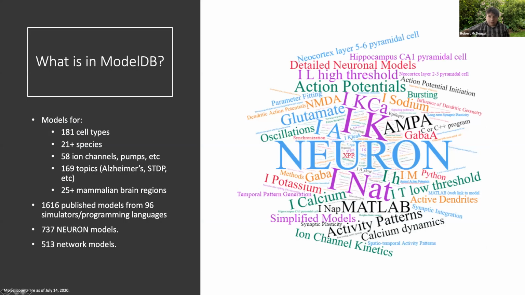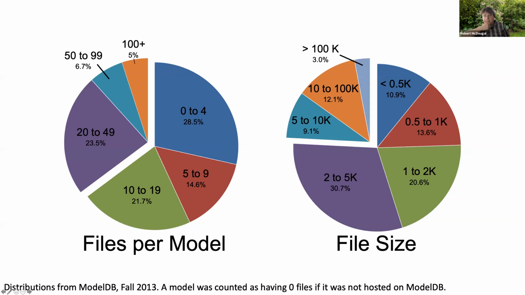And I'm just going to skip ahead in my slides here because I really like this figure, even though it's a little old. So when people actually go and make computational neuroscience models, and we've looked at them in ModelDB, we said, well, okay, how complex are these models?